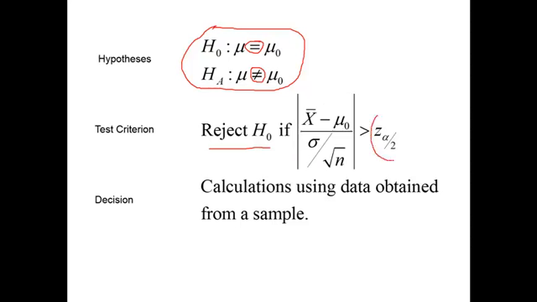If it's too many standard deviations away from the mean, the too many standard deviations being determined by your significance divided by 2, on a table lookup. Then you get your data, do your calculations, and make your decision.